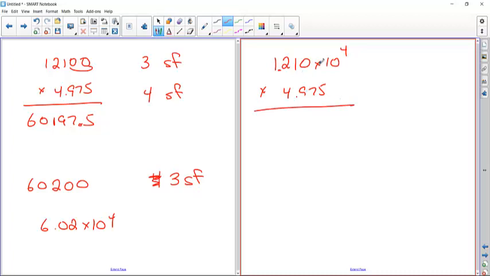You don't have to convert with multiplication and division. You can just use your scientific notation on your calculator. So I'll put 1.120. You don't even have to put the 0 in there. E to the 4th and multiply by 4.975, and you're going to get the same answer.